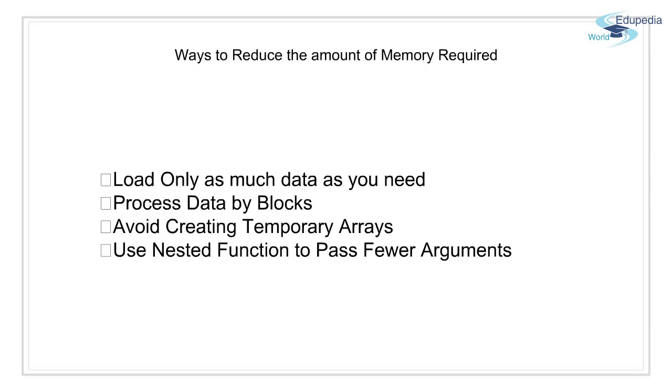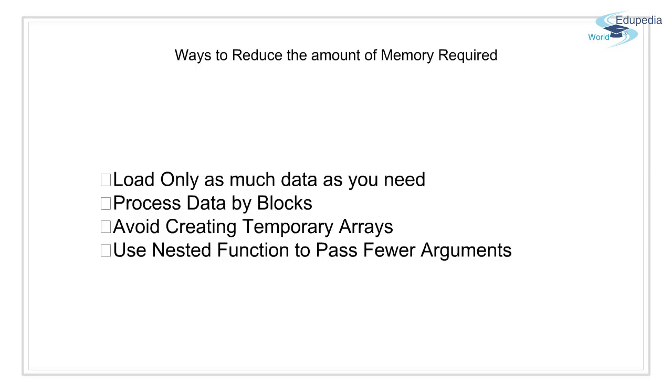Moving on to the second way of reducing the amount of memory, it can be done by processing data in blocks. Block processing is something like processing a large set one section at a time in a loop. This helps as it reduces the size of the largest array in a data set. It also reduces the size of any temporary copies that may be required during processing.